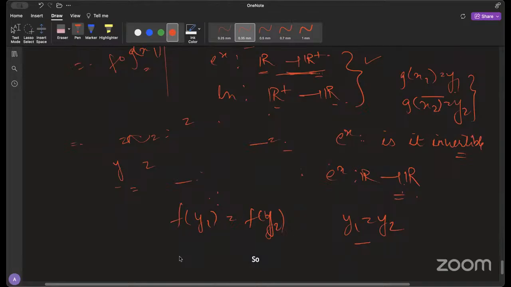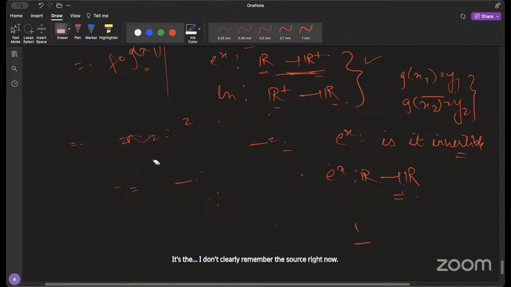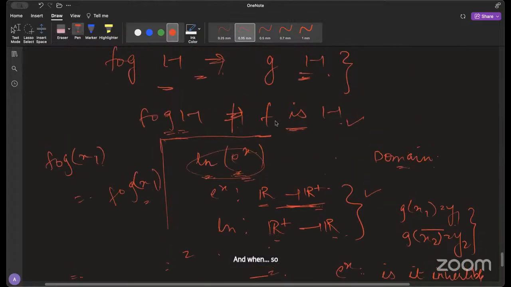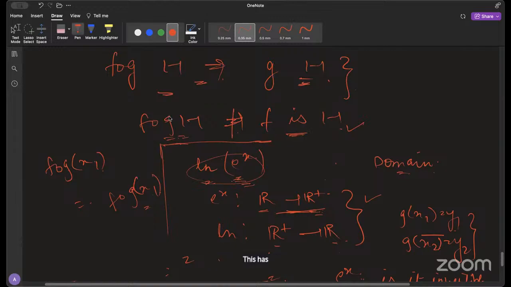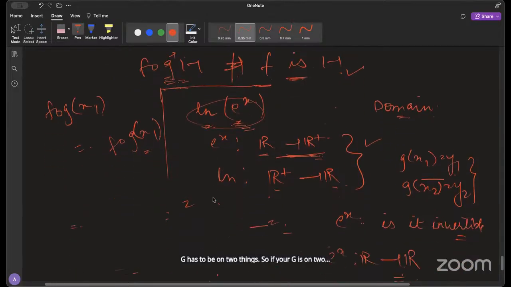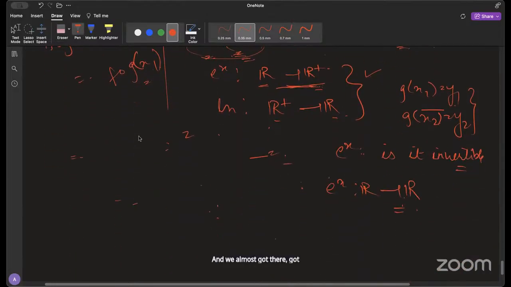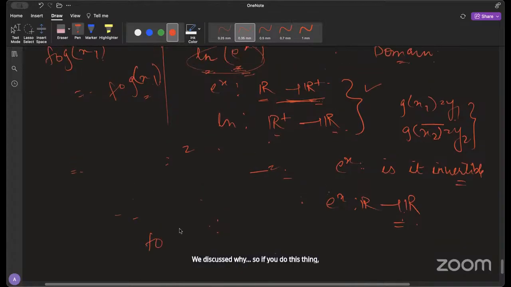I don't really remember the proofs right now, but there is some inconsistency when we do this. All in all, g has to be onto. So if your g is onto, then we almost got there. This is not important at all, but we're still discussing it.